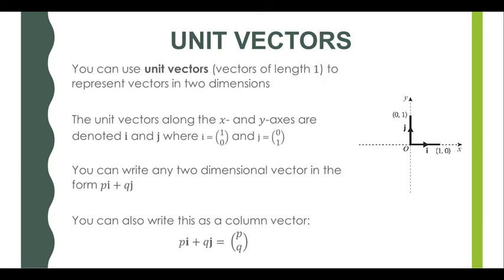You can write any 2-dimensional vector in the form pi plus qj, where p and q are just constants. You can also write this as a column vector. So pi plus qj is the same as writing p as the x component and q as the y component.